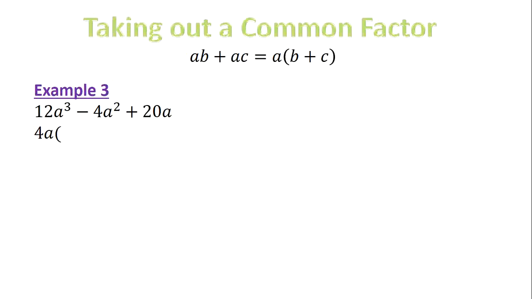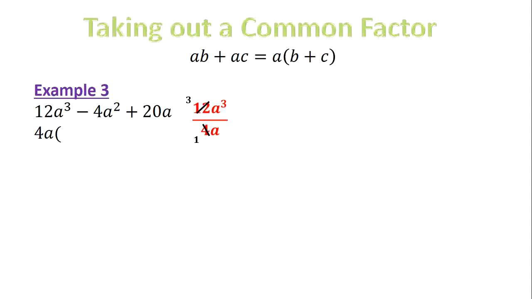Open bracket. Now we work with our fraction, our highest common factor, and our first term. So there's our fraction line. We take our 4a and we put it in the denominator. We take our 12a cubed and we put it in the numerator. And now we simplify. 4 goes into 12 3 times. 4 goes into 4 once.